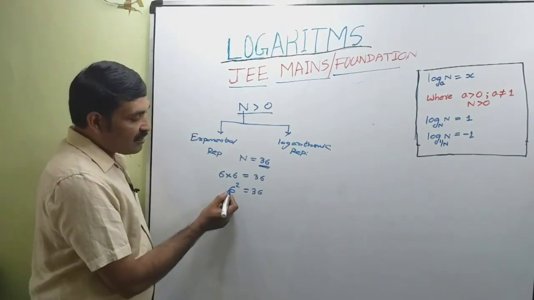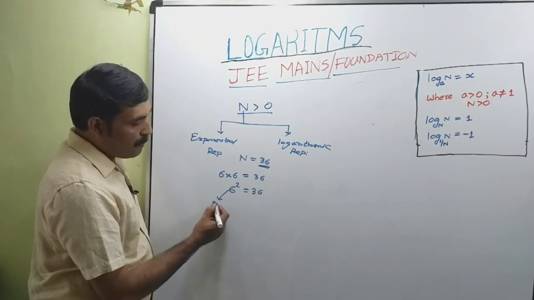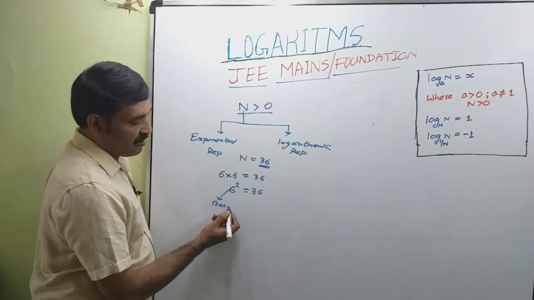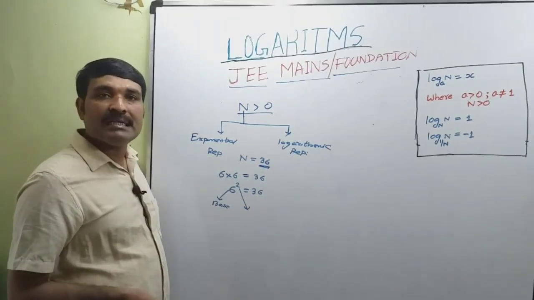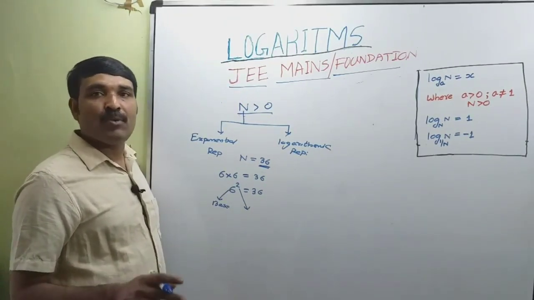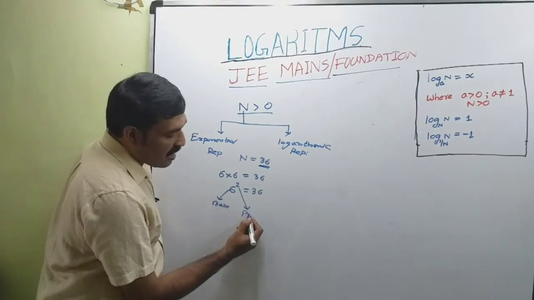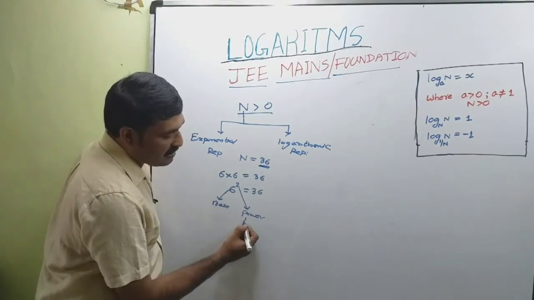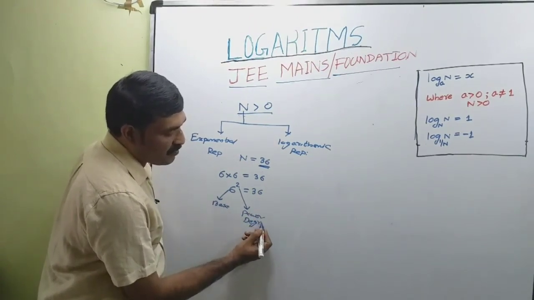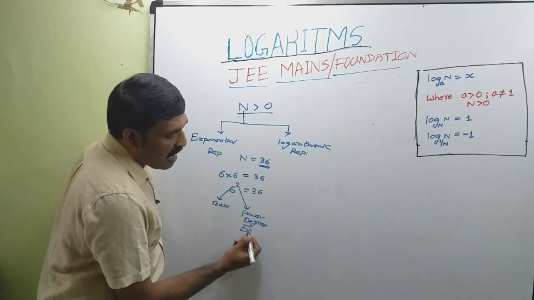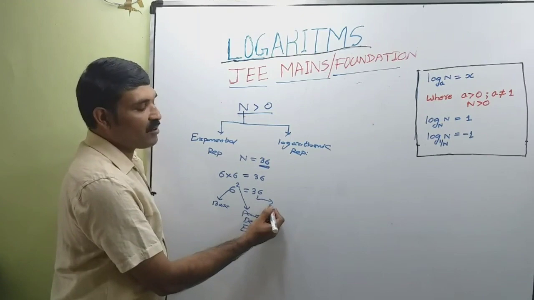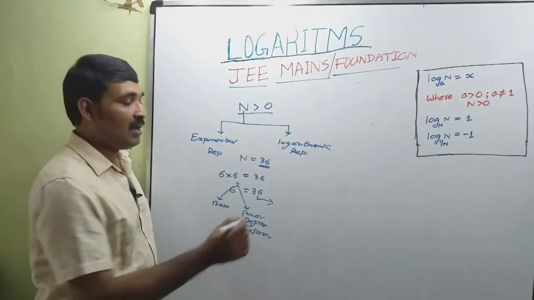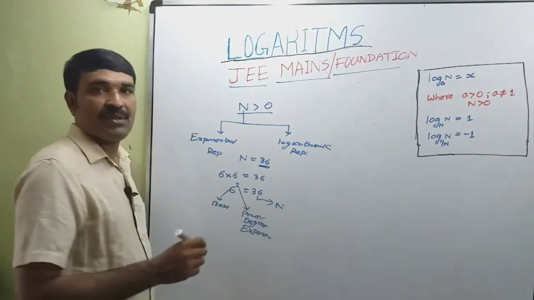Here, this 6 is called base, and this 2 is called either power, degree, or exponent. And this 36 is our positive real number n.